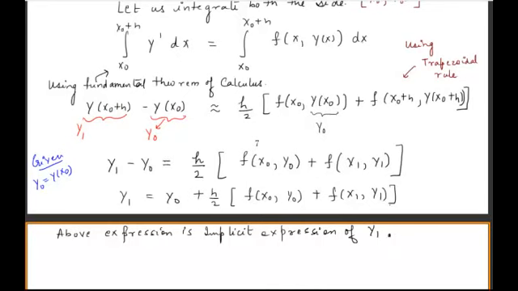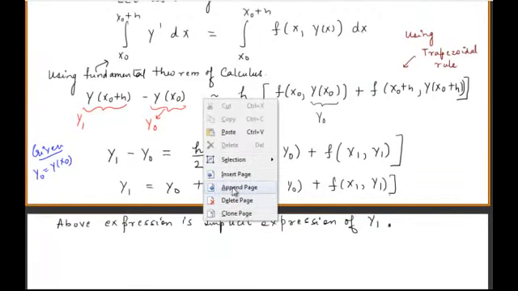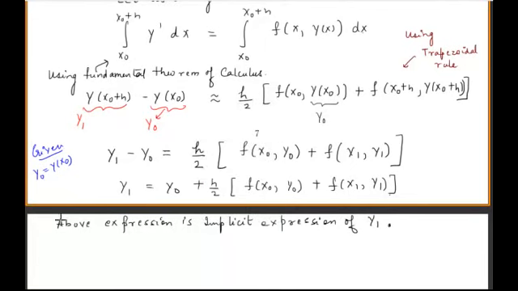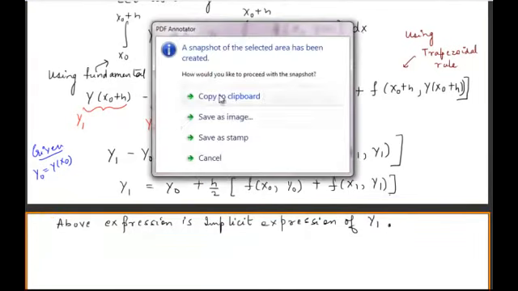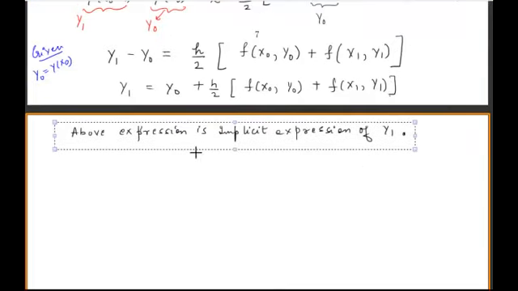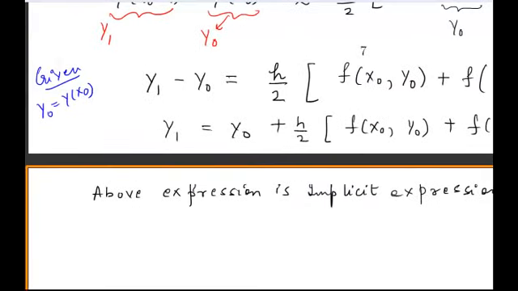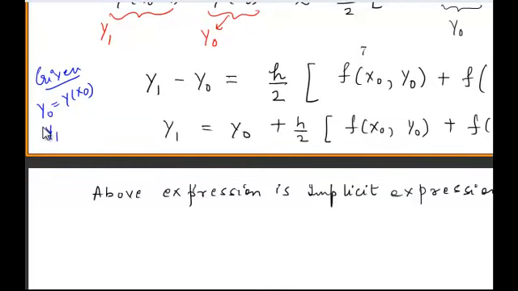So what should we do then? Well, we should try to think, can we use some intermediate value between y0 and y1, which we can put here, so that we can get a better approximation of y1, right?